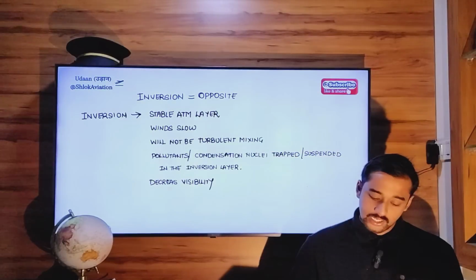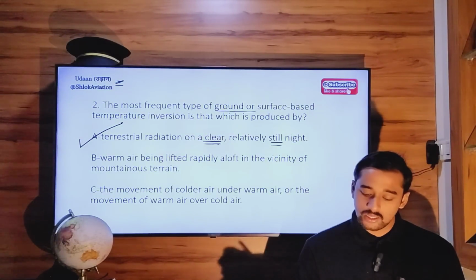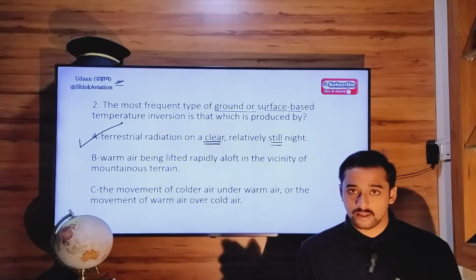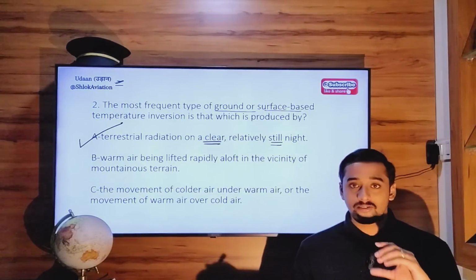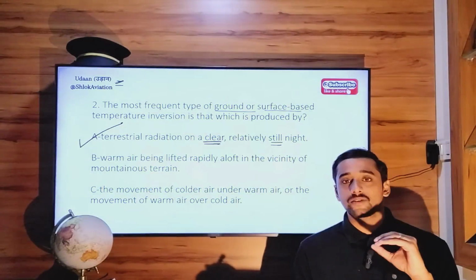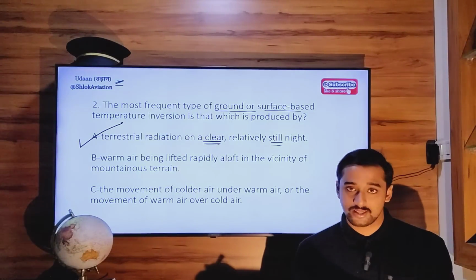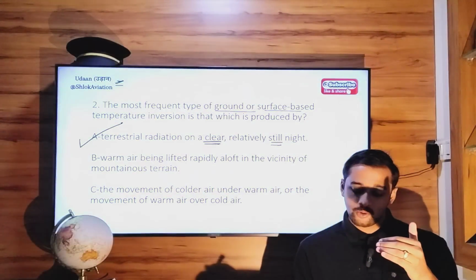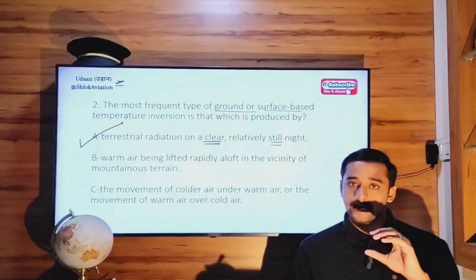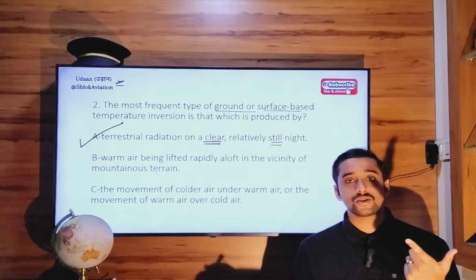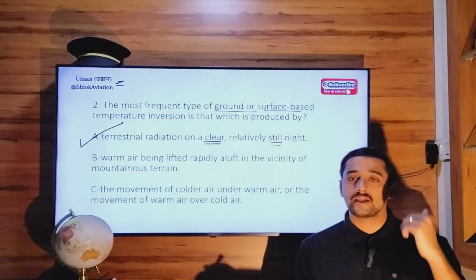These are favorable conditions for the formation of surface-based inversion, where the ground surface becomes very cold, the air in contact with it becomes cold by conduction, and you have very cold temperatures near the ground surface, whereas warmer temperatures above the inversion layer.